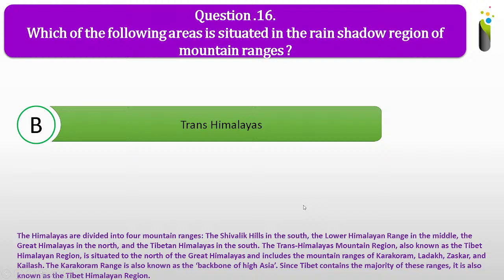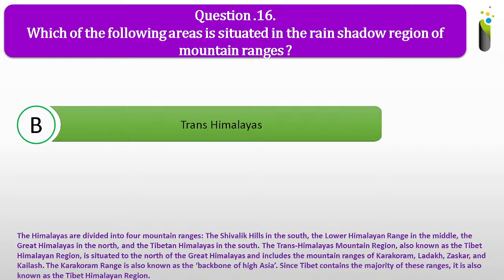The answer for this question is B. Remember, the Himalayas are divided into four mountain ranges: the Shivalik Hills in the south, the lower Himalayan range in the middle, the Great Himalayas in the north, and the Tibetan Himalayas.